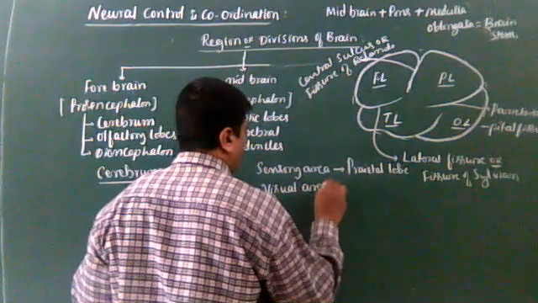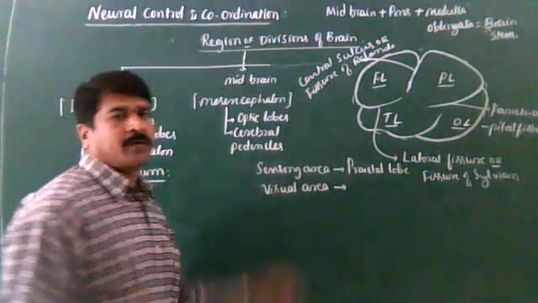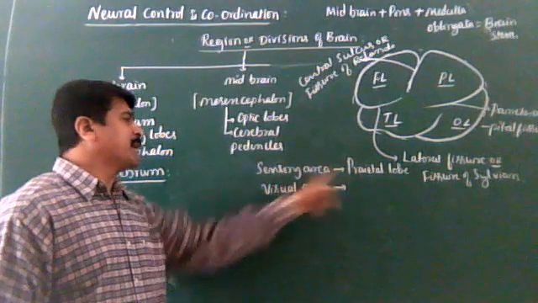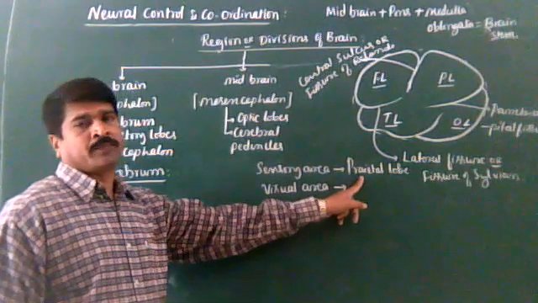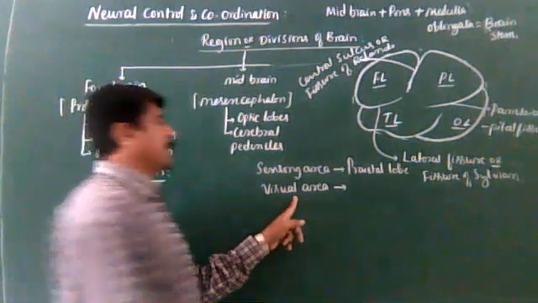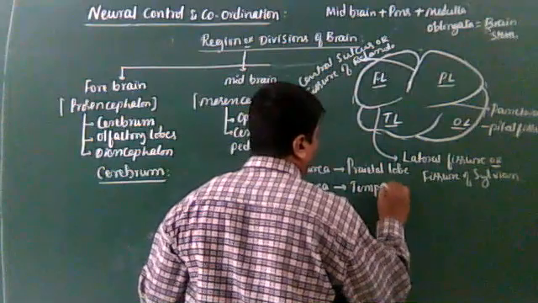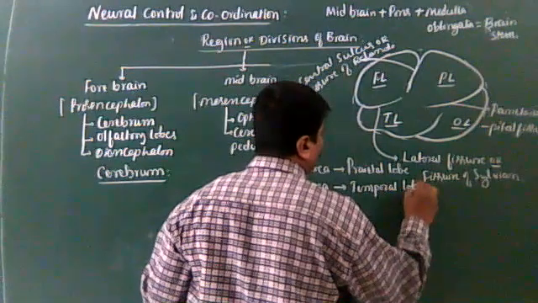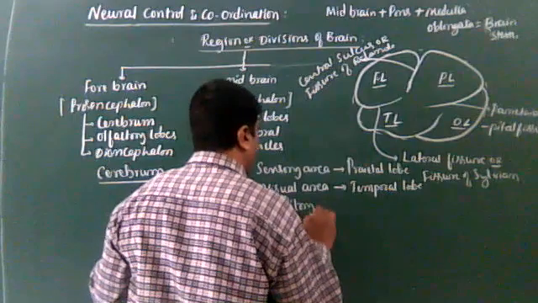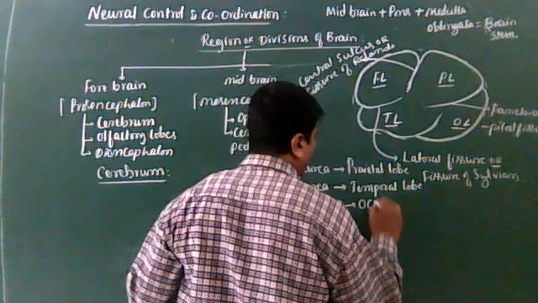The sensory area is concerned with the sensory impulses: pain or touch, temperature, pressure, smell, hearing, etc. This sensory area is present in the parietal lobe. Visual area, it is present in the temporal lobe. And auditory area, it is present in the occipital lobe.